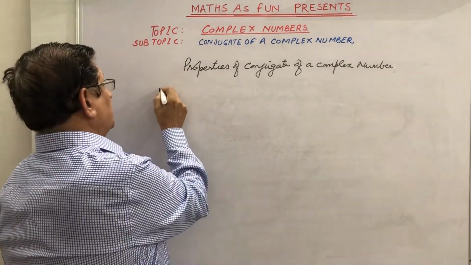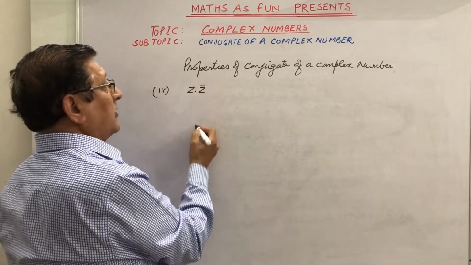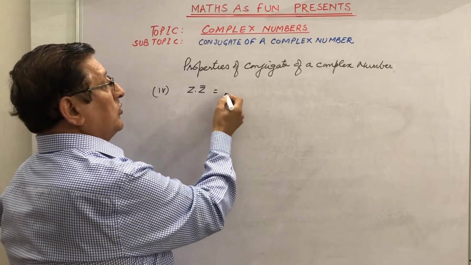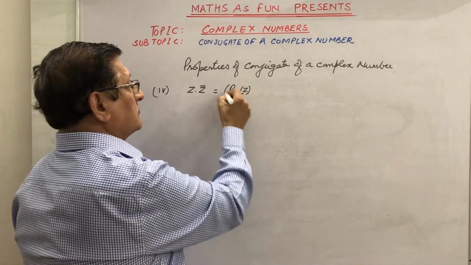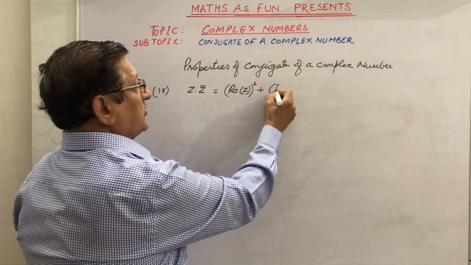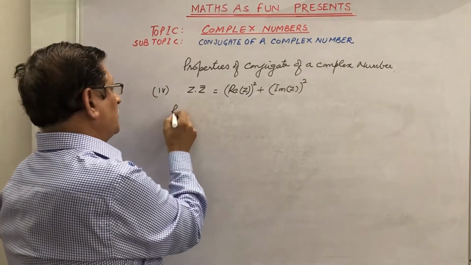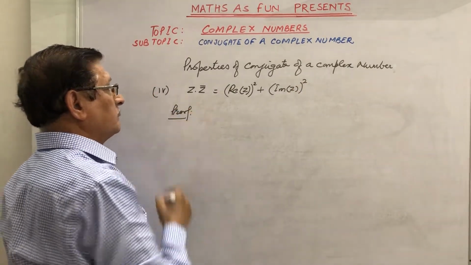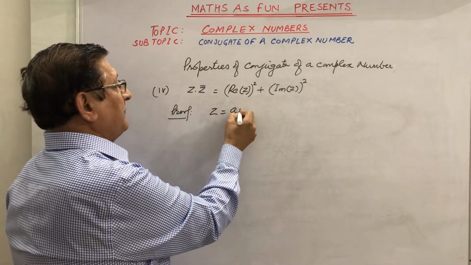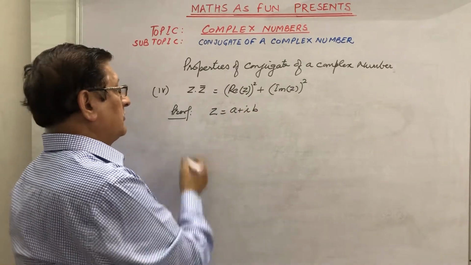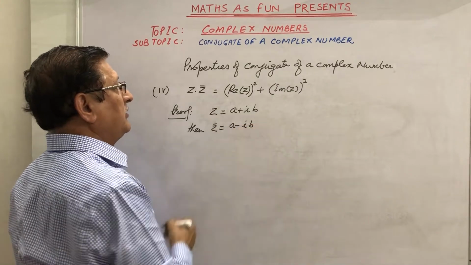Let's learn about the fourth property. Z into z bar is equal to the square of the real part of z plus the square of the imaginary part of z. Let's see the proof of it. Let z be a plus iota b, then we know z bar is equal to a minus iota b.